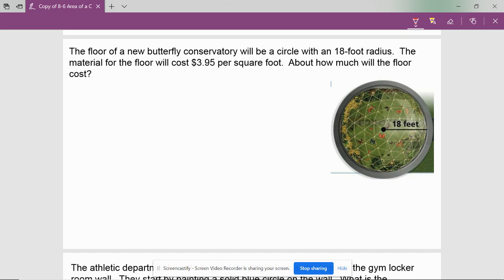Our radius is 18 feet. So if we use area equals pi times radius squared, let's fill in our numbers. Pi and 18 squared. 18 times 18 is 324.